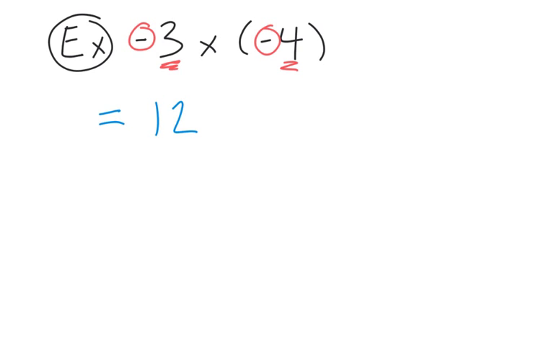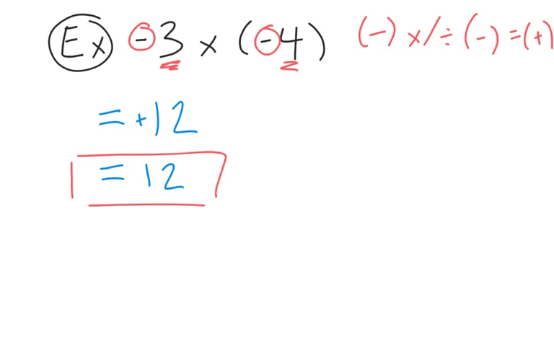If you remember from before, when you have a negative number multiplied or divided by a negative number, the answer is positive. So this 12 should be positive. However, you don't want to leave the positive sign in front of 12 because it is understood that it is positive. So 12 is our final answer.